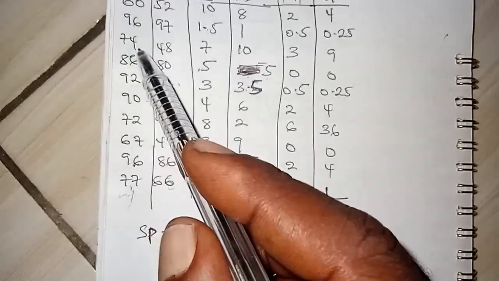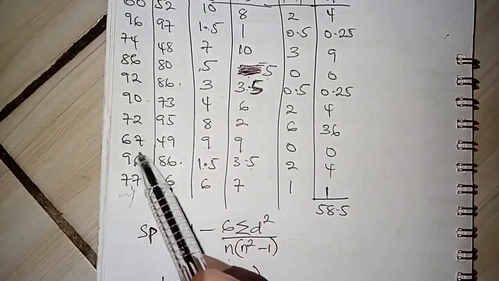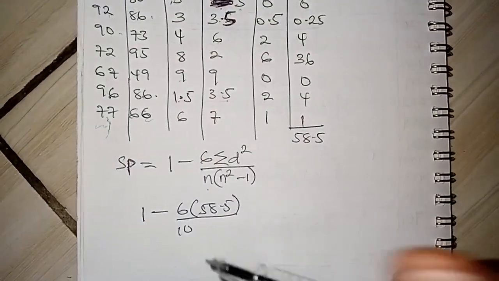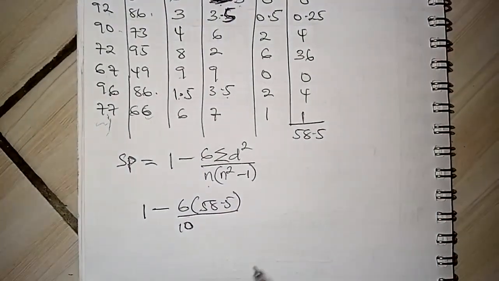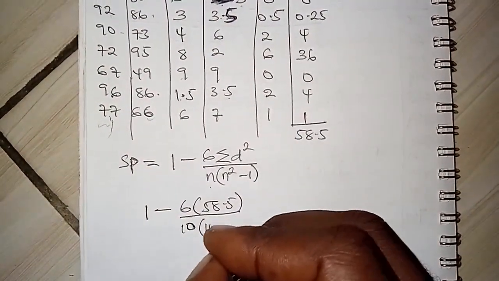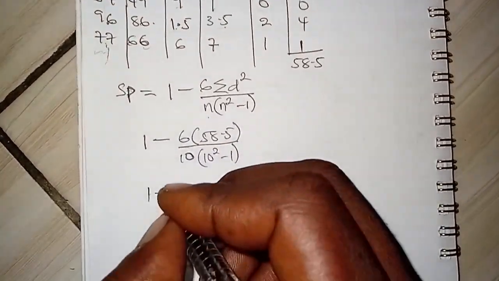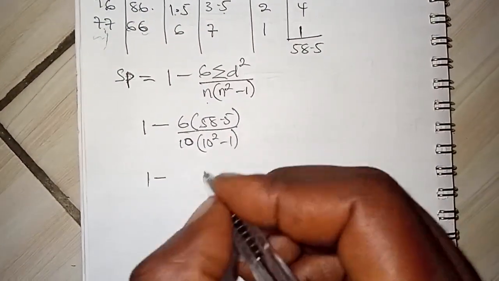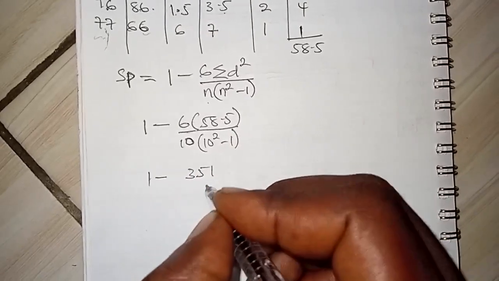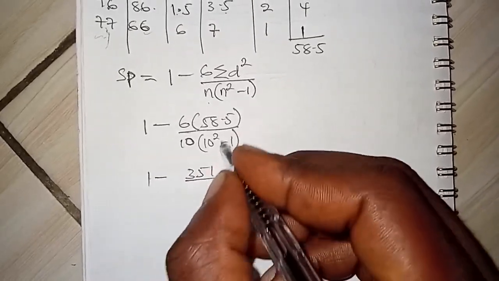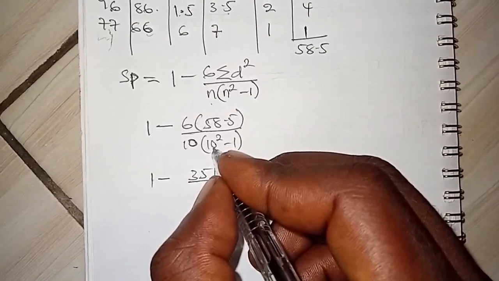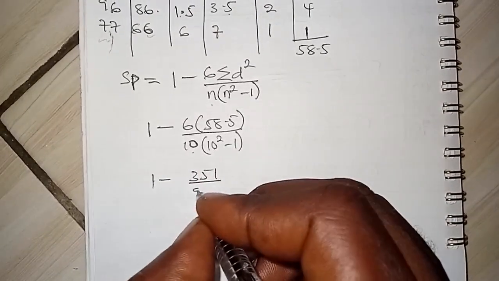1, 2, 3, 4, 5, 6, 7, 8, 9, 10, because there were 10 contestants that were ranked by the 2 judges. So into 10 squared minus 1, and we have 1 minus, this times this should give us 351, and then over this is 99. 99 times 10 will give us 990.